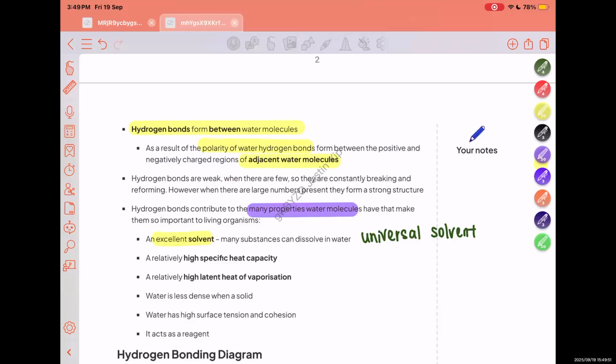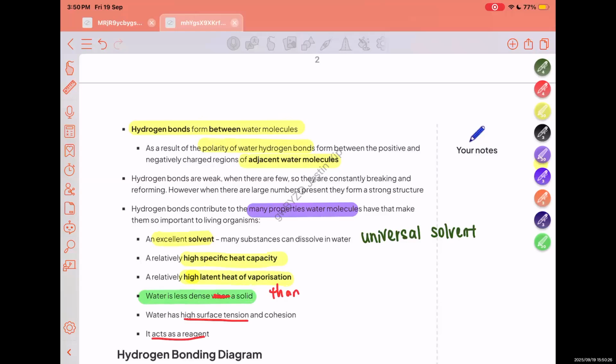And then hydrogen bonds give water a high specific heat capacity, and relatively high latent heat. Water is also less dense as a solid than as a liquid. It also has high surface tension and acts as a reagent. This is the basic knowledge on water.